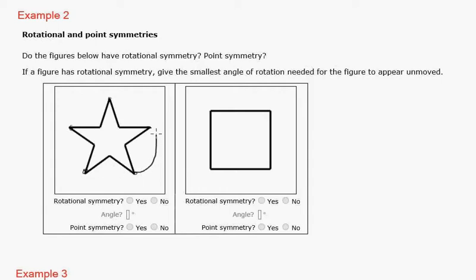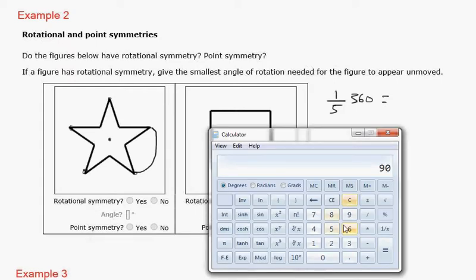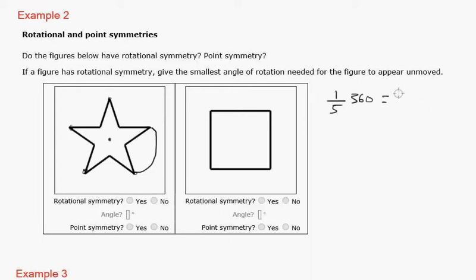You could rotate it about the center, so 1/5 of a rotation. 1/5 of 360, 360 divided by 5 is 72. So yes, it has rotational symmetry, and it would be 72 degrees.